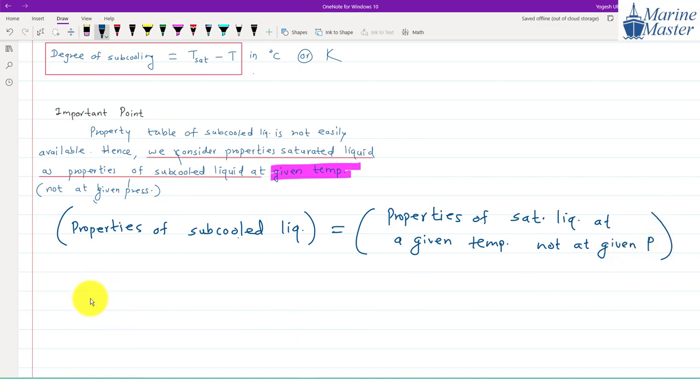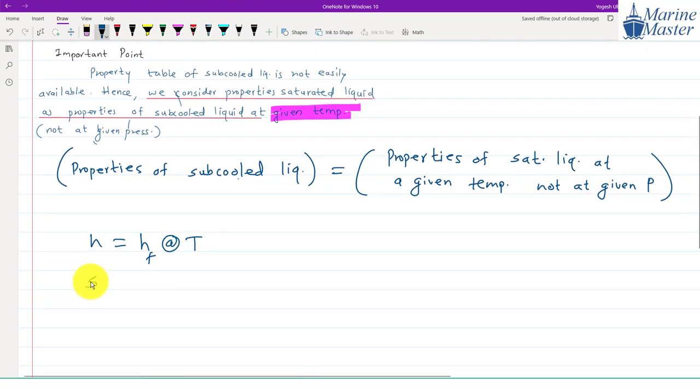So it means, suppose you want the enthalpy of subcooled liquid, then it will be equal to the enthalpy of saturated liquid at the given temperature.